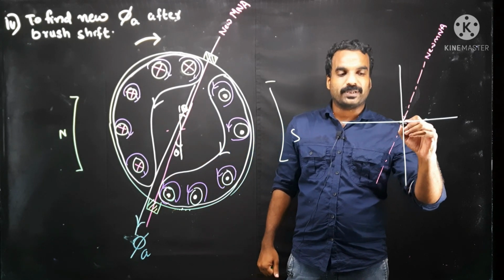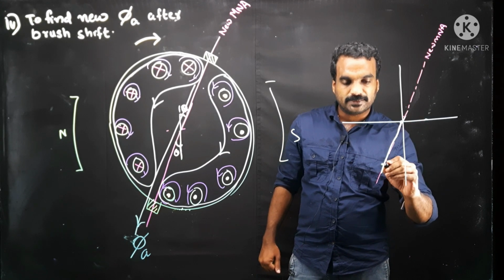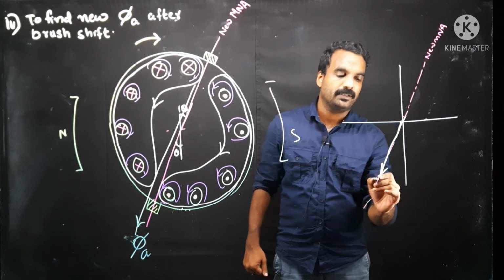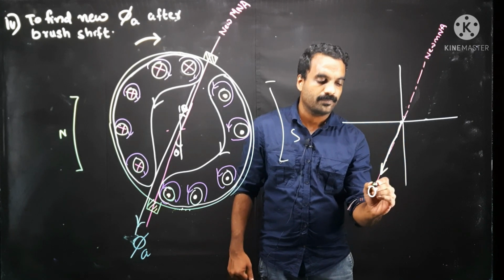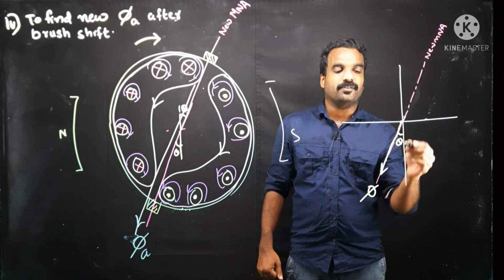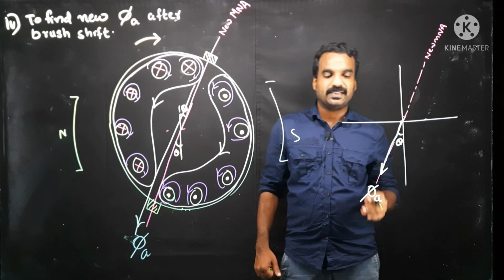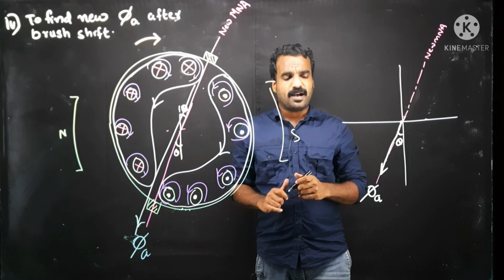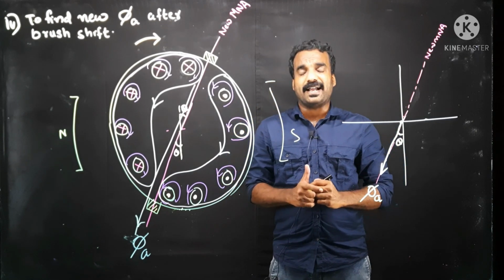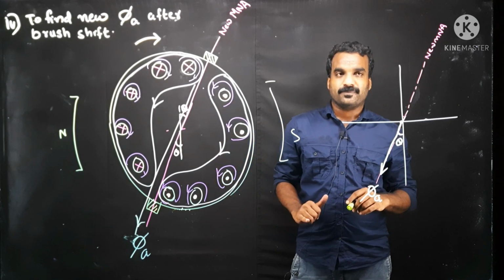So, in the coordinate system, you can represent it with a line starting from the origin with the inclination of theta with the negative y-axis. This is phi A. This is the net armature flux that is acting inside the machine after armature reaction.